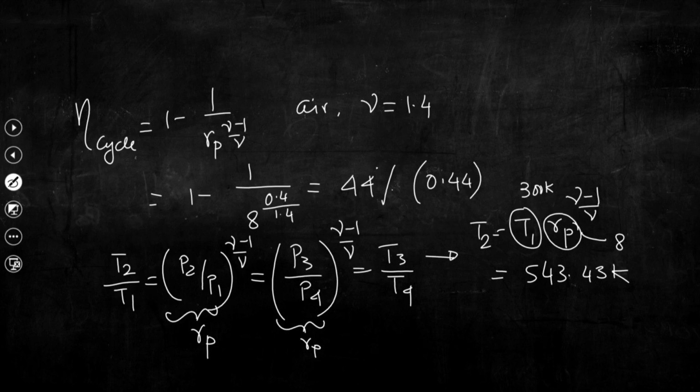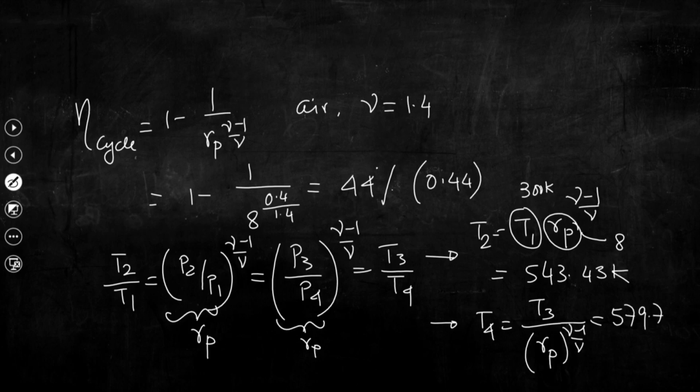Similarly, we can also calculate T4, that is T3 divided by Rp power (gamma minus 1) upon gamma, and it comes as 579.79 Kelvin. So, these are the temperature values.